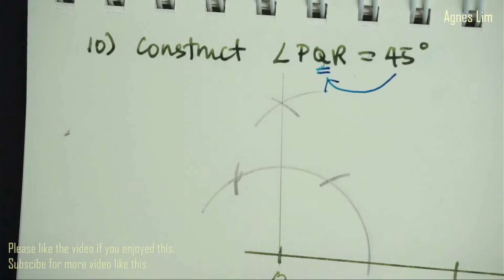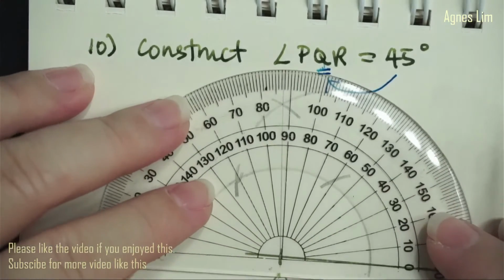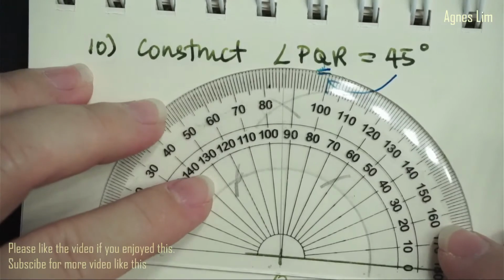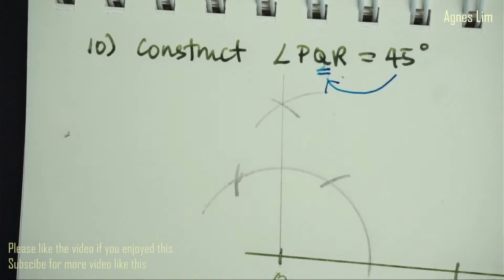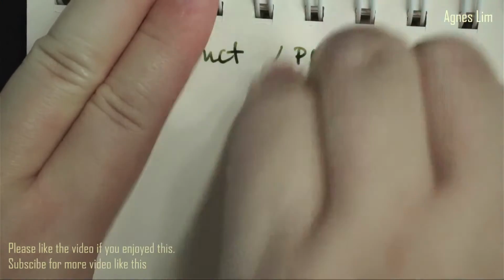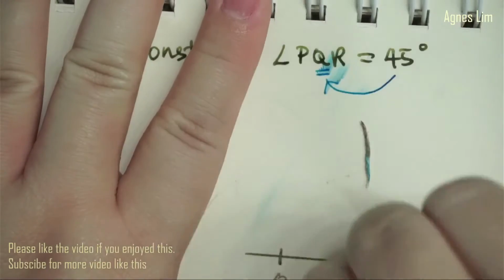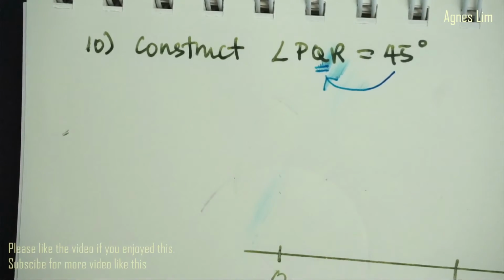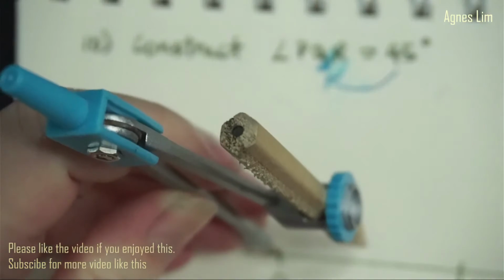Now before I continue, I'm going to check, is it 90? Well, it is apparently not, means that I did something wrong here. Let's start again. Okay, this thing happens just because we're using pencil, so no need to worry.